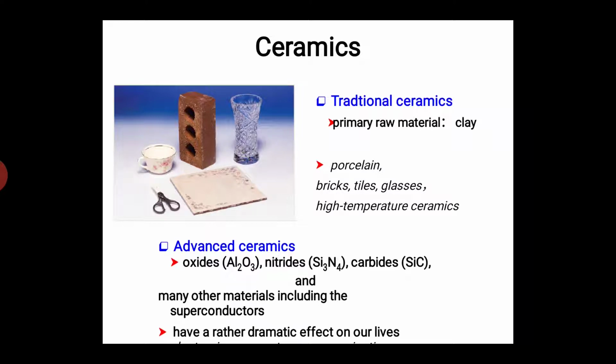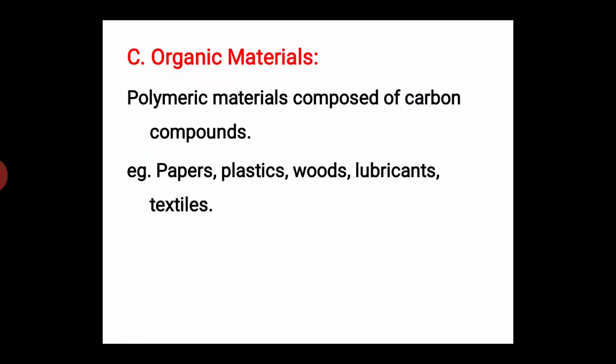Here we can observe a cup, glass, and tiles used for the aesthetic look of the interior and floor, and bricks. These are all examples of ceramics. Oxides, nitrides, and carbides are examples of ceramics, and they have high temperature resistance.